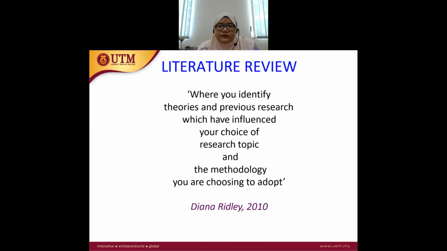It is where you identify the theory and the previous research, what has been done previously by another researcher, which has influenced your choice of research topic and the methodology you are choosing to adopt, by Diana Ridley 2010. Whether your topic is your choice or your lecturer's choice, there is previous research that someone has done before.